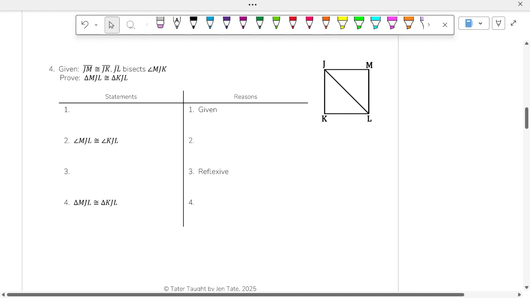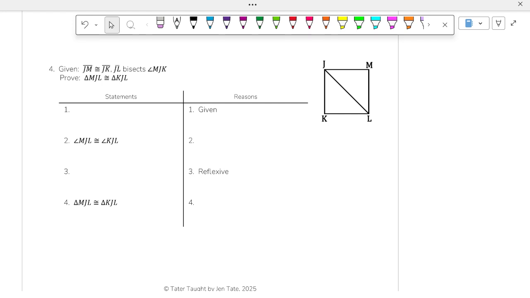So for the first step, the given, write this down together. Remember, as you go, make sure you're marking the picture to give you a better idea of what's going on. So that's JM, the line, right? JM. Right. JK. Okay. Then MJK. I think we just do a comma and just say MJK.